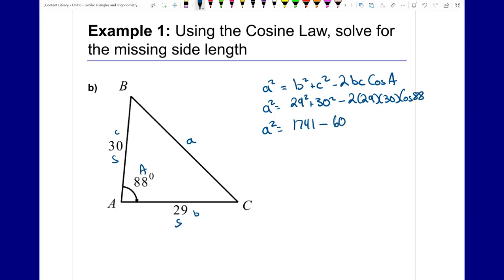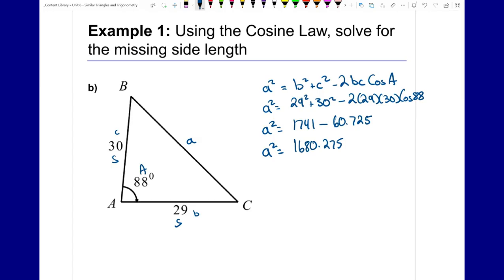And I get 60.73, or we'll say 60.725. We'll add another decimal place in there. So again, the product I got was positive, but I'm leaving that negative out front, so it's going to be minus a positive, or just minus this value. a squared equals 1,741 minus 60.725, and we get 1,680.275.